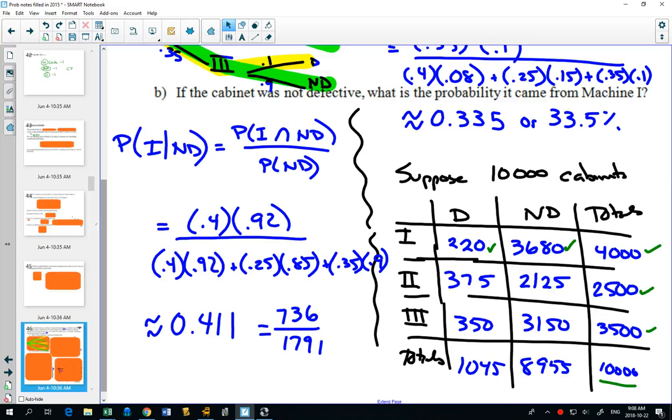So you could figure out these based on your probabilities next. And machine 3 had 10% defective. This you can really see mathematically. 10% of 3,500 is 350. And then the rest would be good. And from there, you could add up all your defective ones. Out of 10,000, there would be 1,045 defective cabinets.